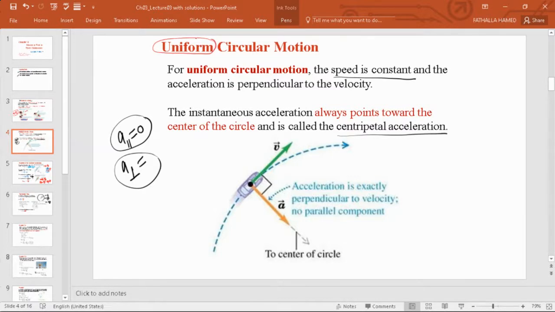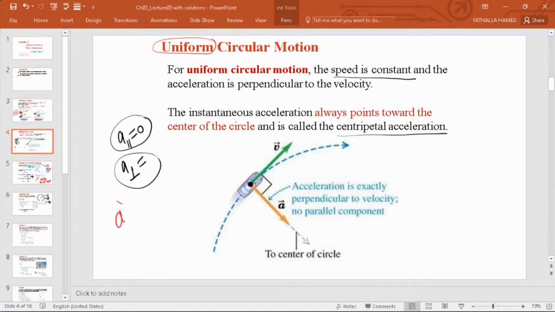Now, as we stated in the previous slide, when you go around the curved path, you need a parallel component of the acceleration to change the magnitude of your velocity, which is the speed, and a perpendicular component of your acceleration that is going to change the direction of your velocity. And that's how you can go around the curved path or a circle.